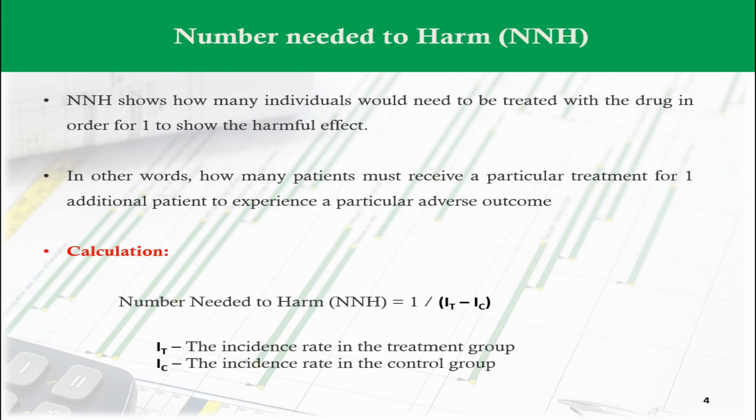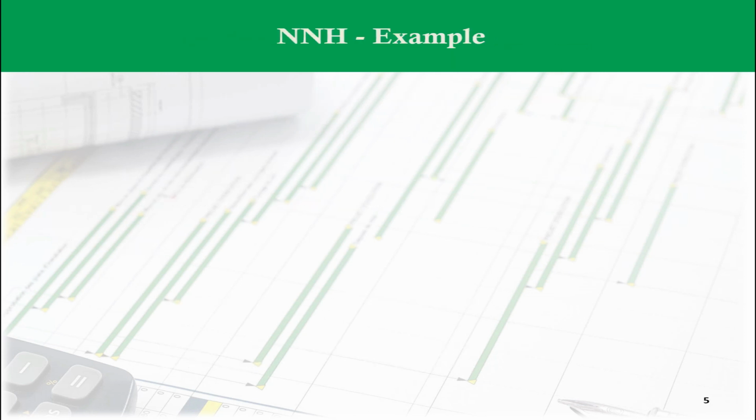The formula to calculate NNH is, whereas IT refers to the incidence rate in the treatment group, and IC refers to the incidence rate in the control group.